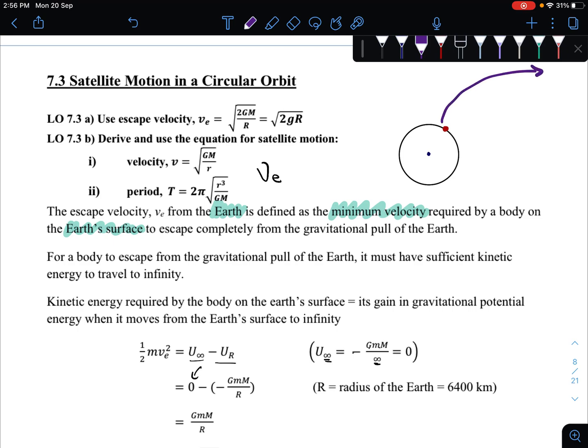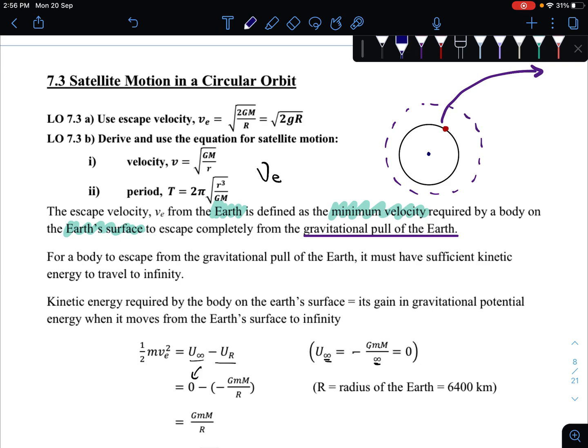Okay, that velocity is what we call escape velocity, or the minimum velocity for it to escape from that gravitational pull that we experience from the center of the Earth. Okay, it is not necessarily only from the Earth. Escape velocity can be, let's say you have another orbit here.